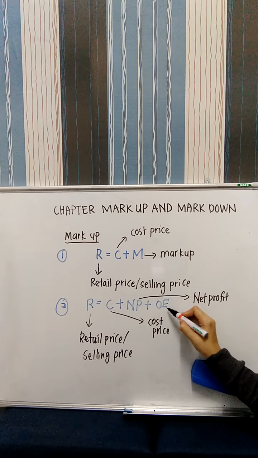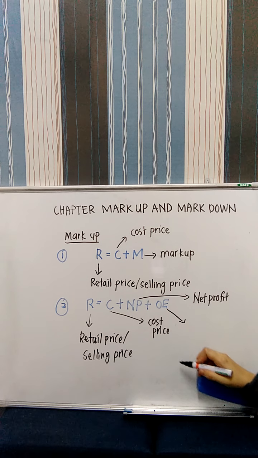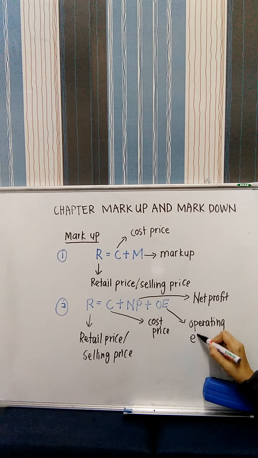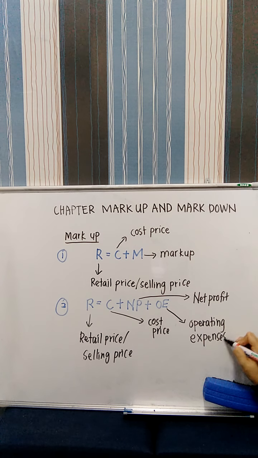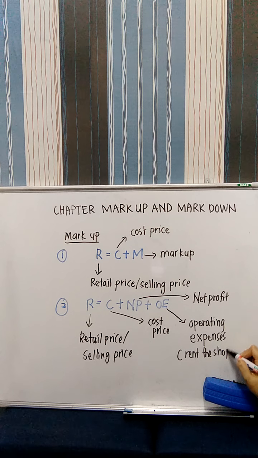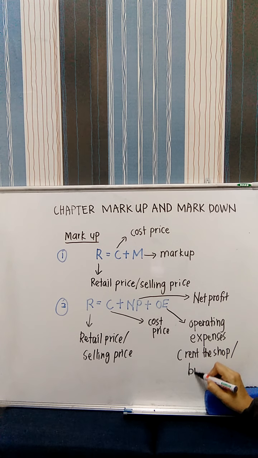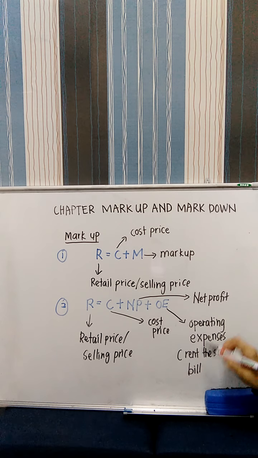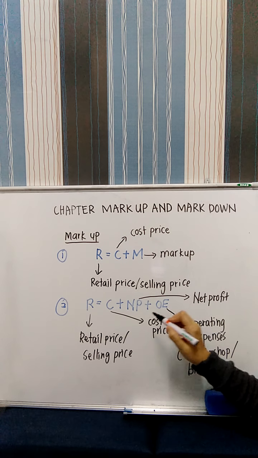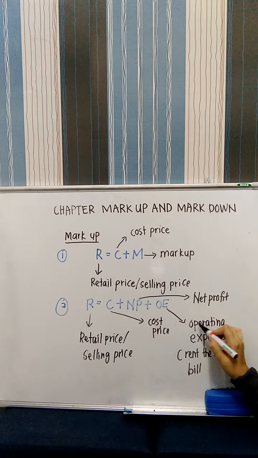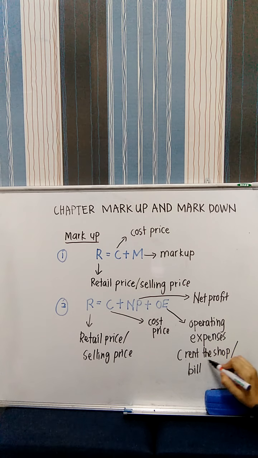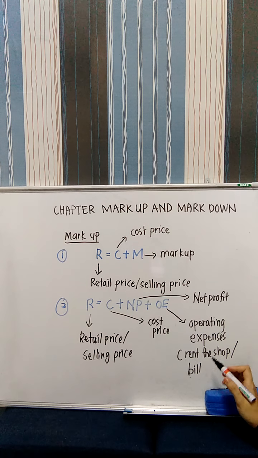Net profit plus OE. What is OE? OE is operating expenses, for example, the rent for the shop and other bills, for the company or for the shop.